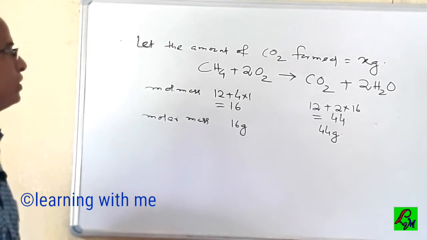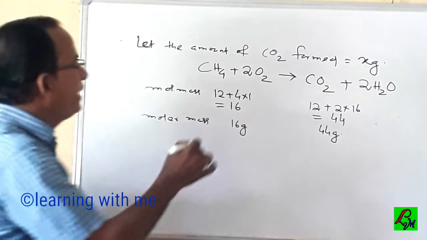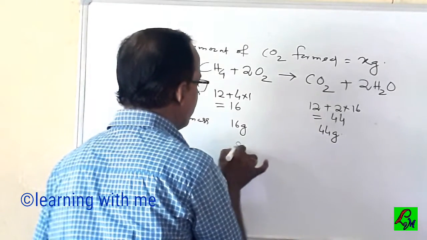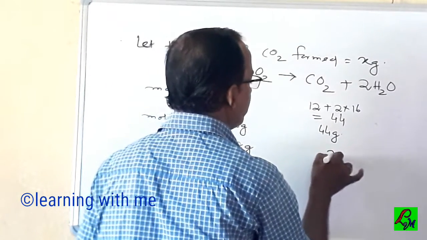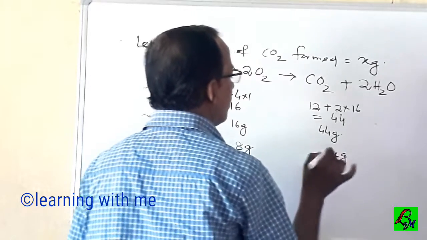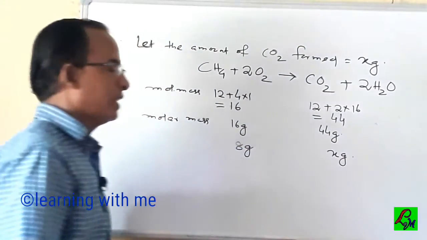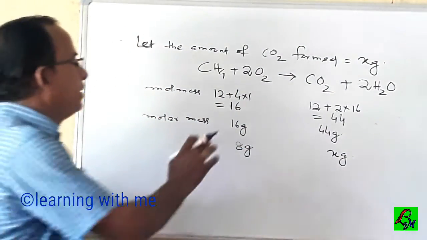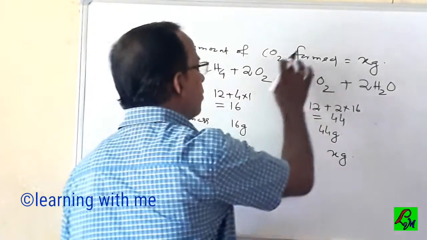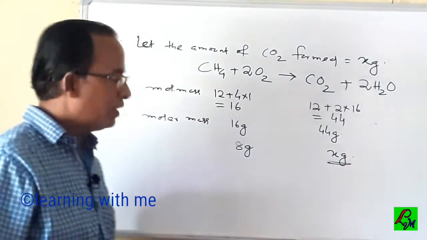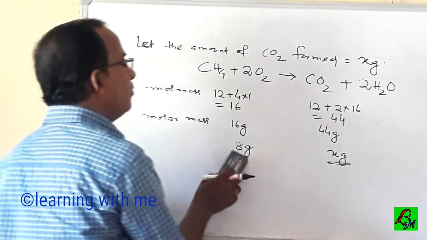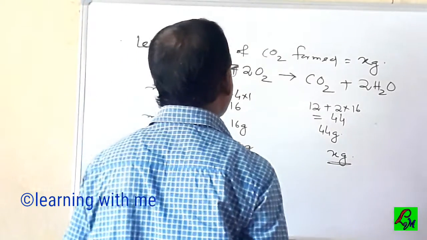So 8 gram of methane will produce how many gram of carbon dioxide? Let the amount of carbon dioxide produced be X. So 8 gram will produce X gram.